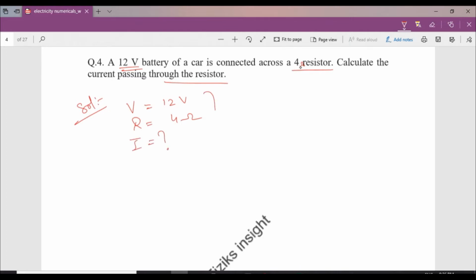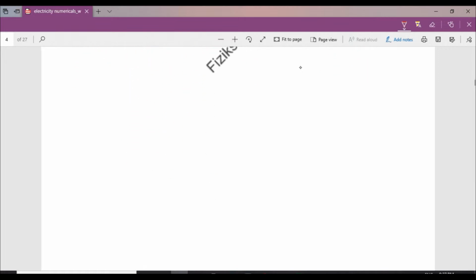So just remember the formula which is connecting all these three. That is V is equals to IR. Apply the formula. Potential is 12. Current we need to evaluate. Resistance is 4. So I comes out to be 12 by 4, that is equals to 3 amperes. Now proceeding for the next question.